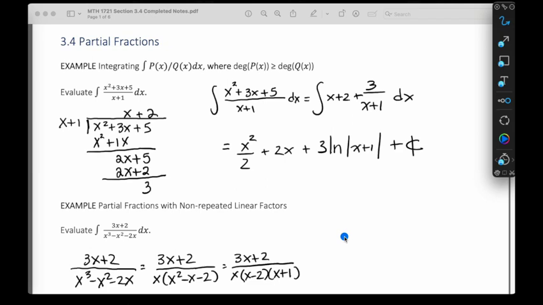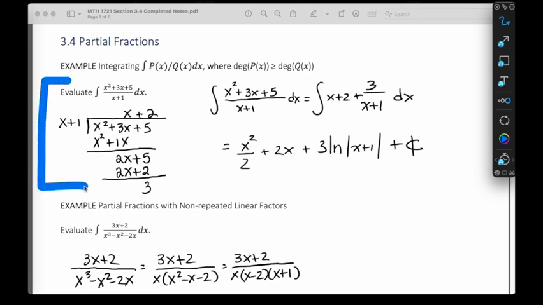So basically, you want to think of partial fractions as the reverse of adding and subtracting rational expressions. Sometimes you need to use long division, sometimes you need to use factoring, but basically what we want to do is break a rational expression down to its simpler fractions.